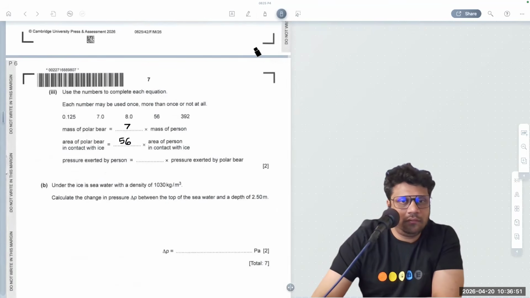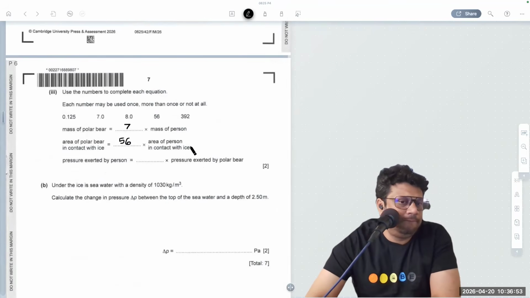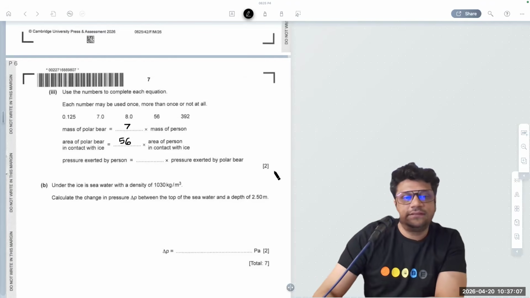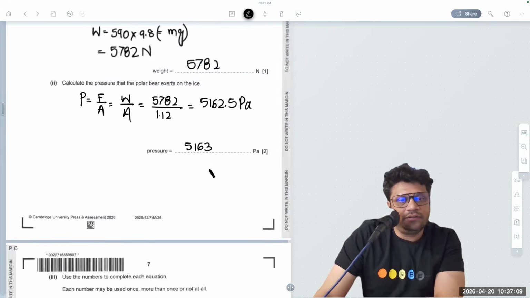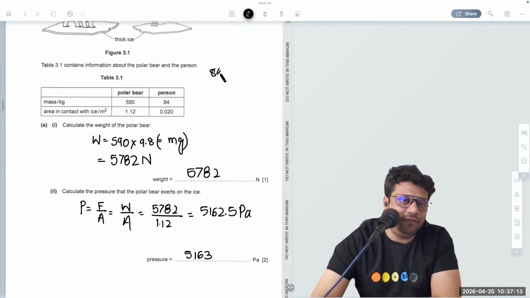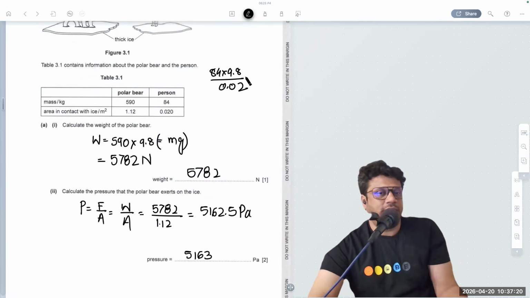8 times, I think. If you see, the area is 56 times while the mass is only 7 times. Oh, it's 1/8. Let me just check once. I'm going to calculate the pressure exerted by the person. So 84 into 9.8 divided by the area 0.02.